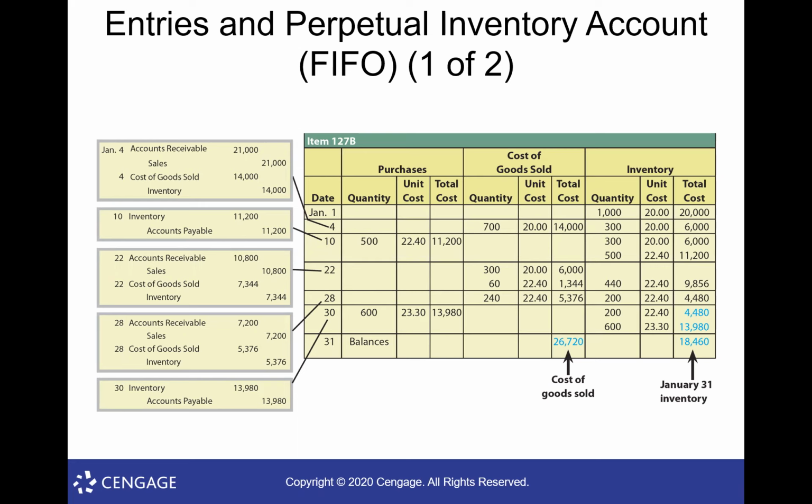And then our remaining inventory, if we had 440 and we sold 240 of them, is now 200 units left. On the 30th, we purchased 600 more units at $23.30 a piece. So now we have a total of 800 units, and our total cost of the units was $18,460 sitting in inventory at the end of the month, which will become our beginning inventory at the beginning of next month.